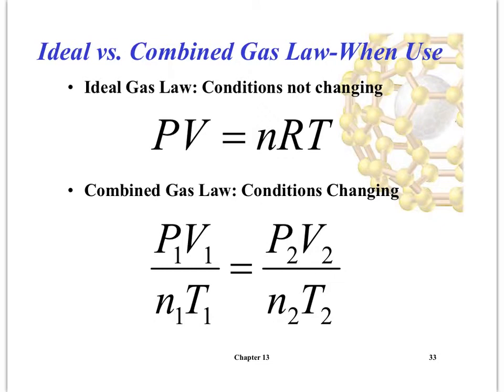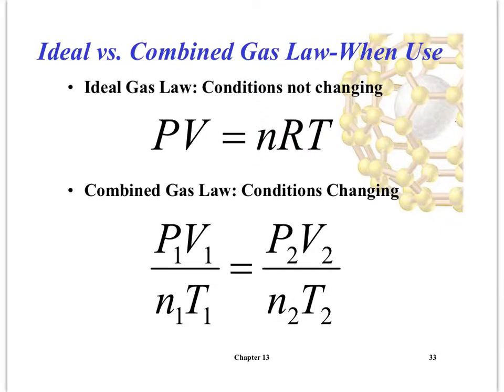If we have three of them and we're solving for the other one, that's when you would use it. So when you don't have changing conditions. The combined gas law would be if you have changing conditions or changing gases. So if you have two different gases where you're comparing between them, or if you have one gas where you have changing conditions, you change the volume or the pressure or the amount or the temperature.